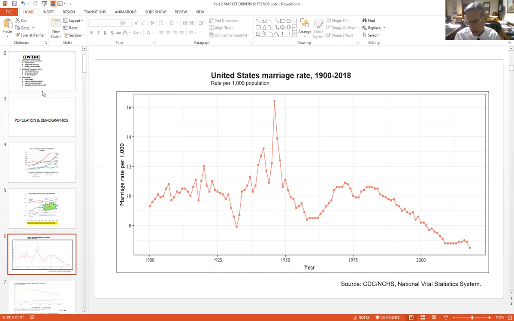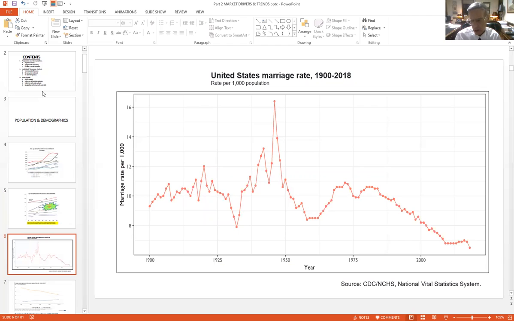And then here, as we approach and experience the coronavirus, you can see that marriage rates have done another small decline, but the decline, in fact, has been going on for some time.